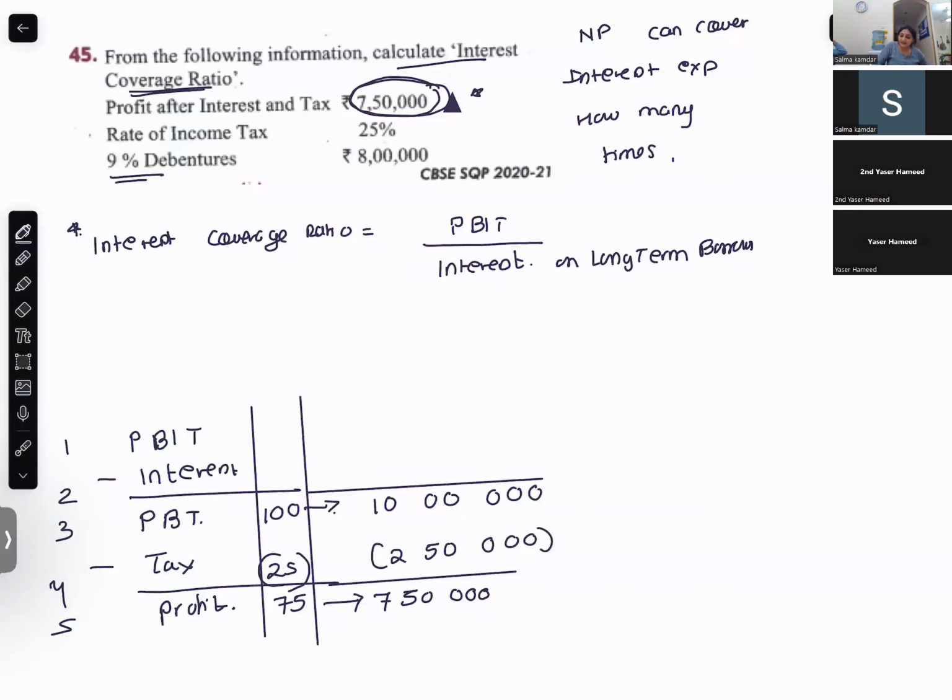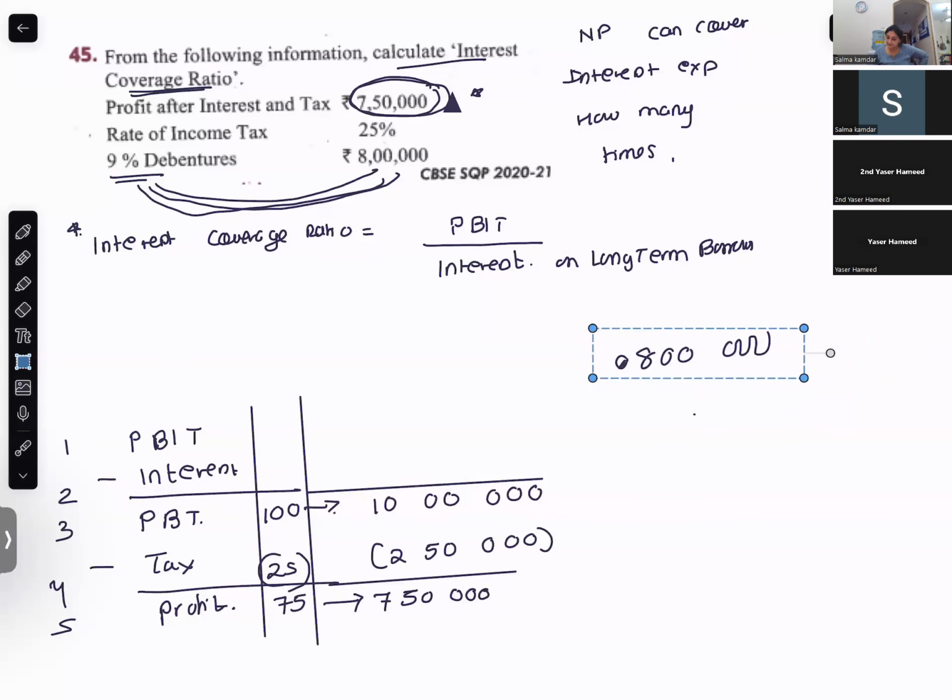I have 9% debentures of 800,000. So can you tell me what the debentures will give me? 9% debentures is 800,000. So calculate interest for me. Into 9%. 8 nines are 72,000.